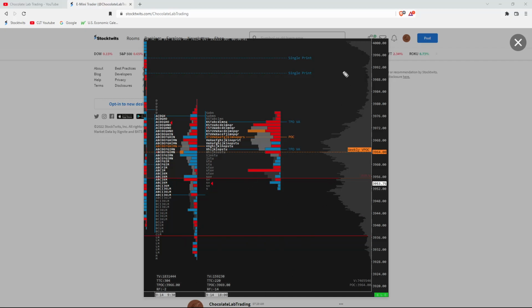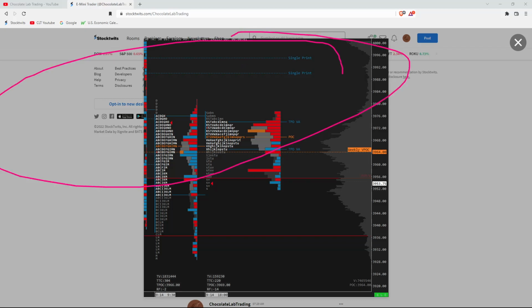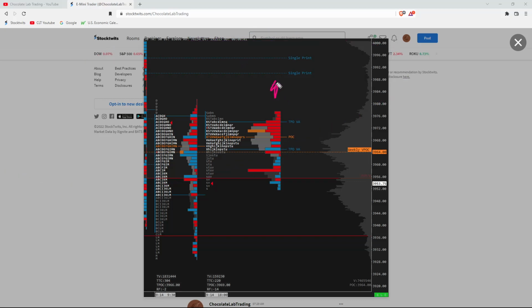What else? We have structure above that needs to be cleaned, and we have a poor high of this session, so we could look for a short play coming into the open, and that is what happened. We ran the overnight high and provided a great short.